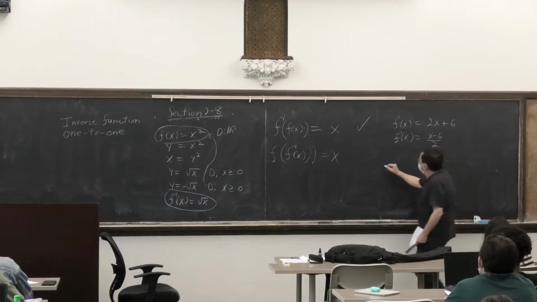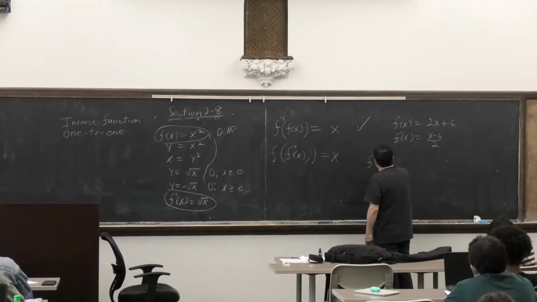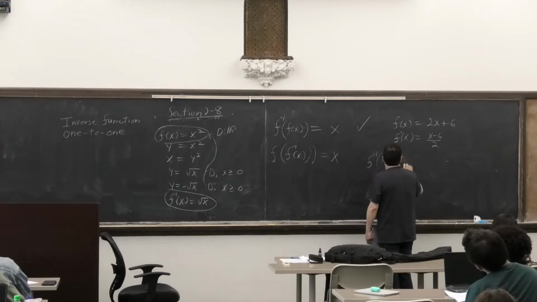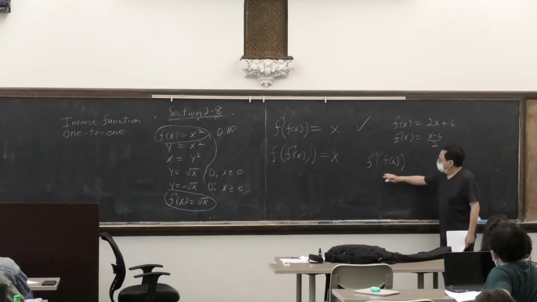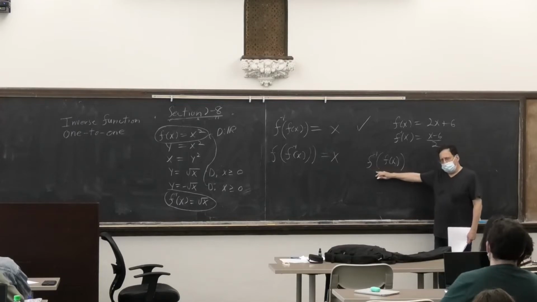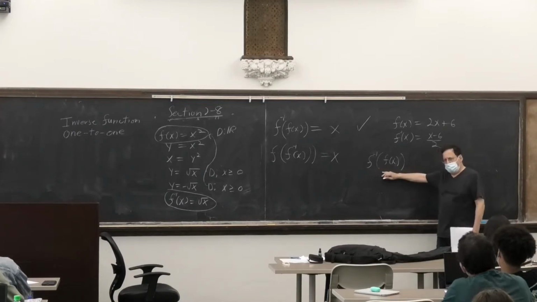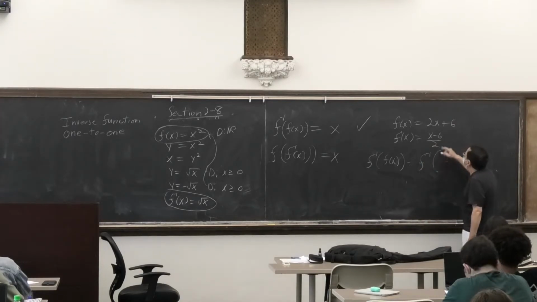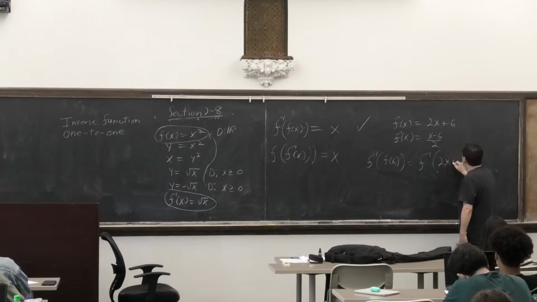So let's see what f inverse of f of x is. Again, we just covered this last week, but here we are composing these two functions. This is going to be f inverse of 2x plus 6.